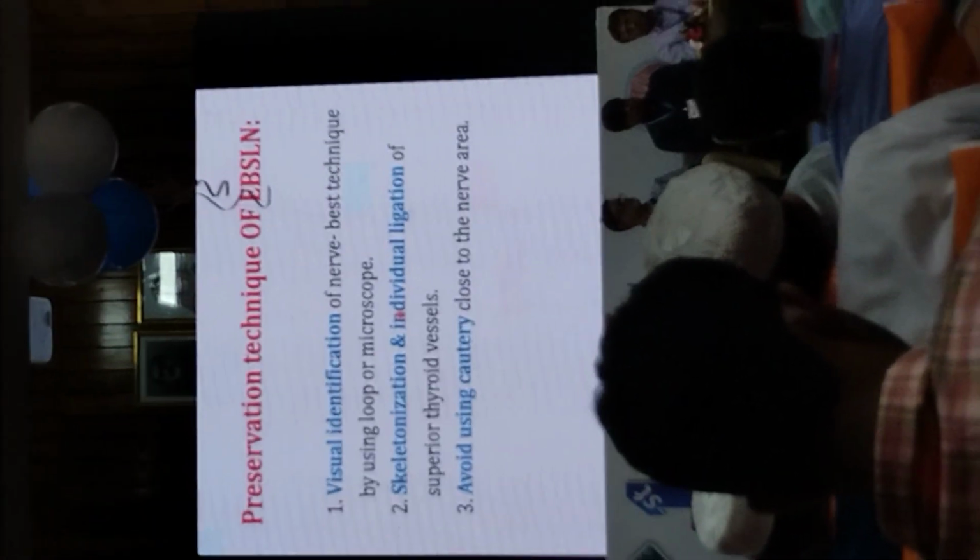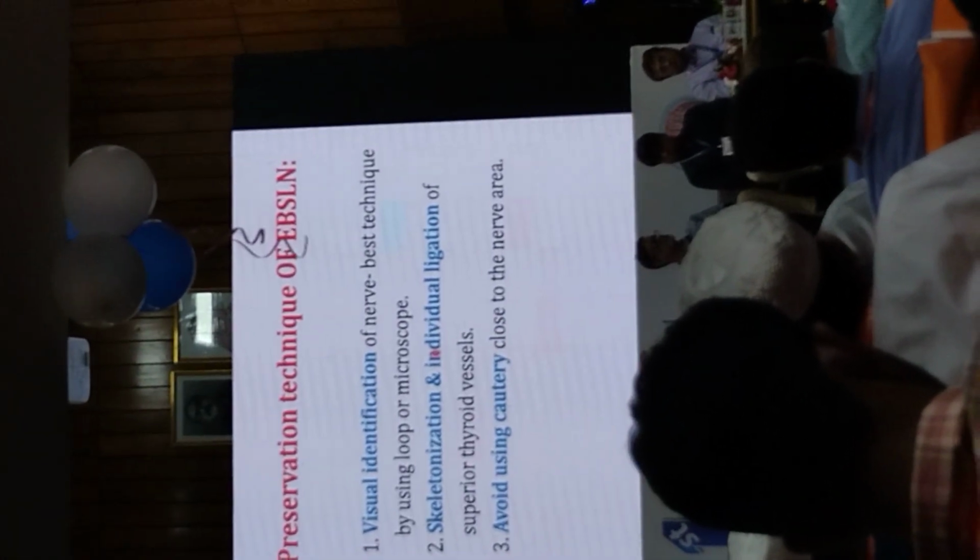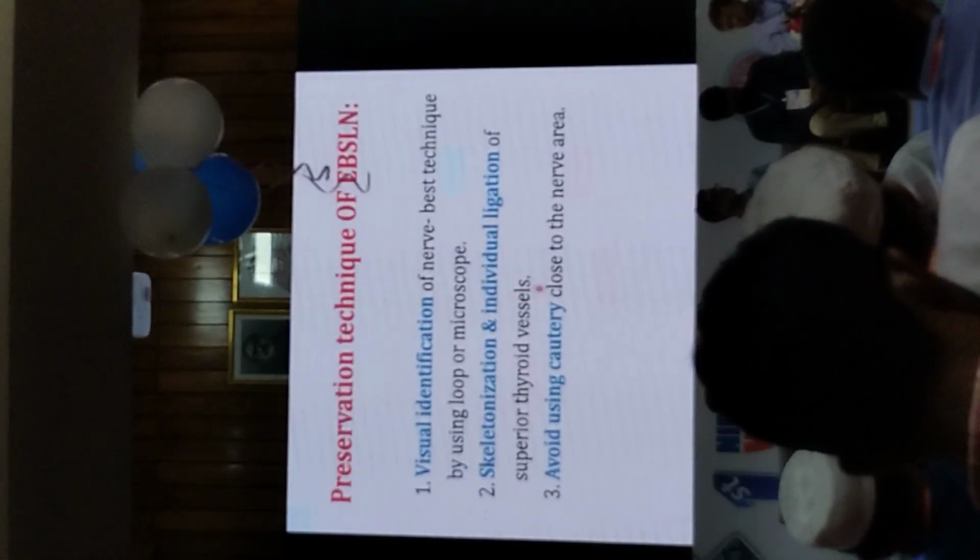Then you can skeletonize, or you just dissect the upper pole and individually ligate the upper pole vessels, and automatically your nerve will be safe. So if you do not have the scope to use a microscope or loupes, you can use that technique as well. And you should avoid using cautery in the space of Reeves or on the cricothyroid muscle. If you use cautery there, you may injure the nerve without knowing you are damaging it.